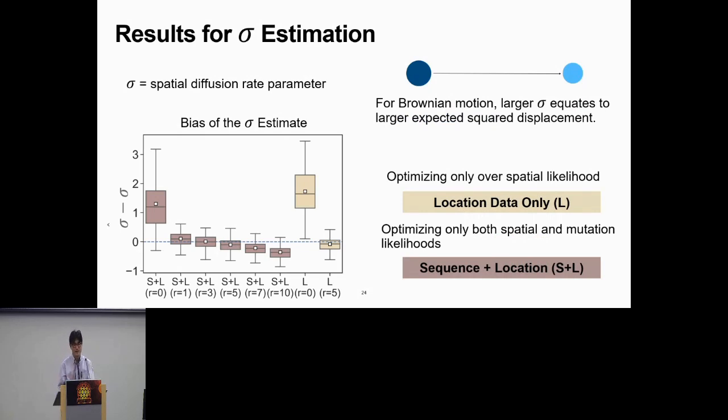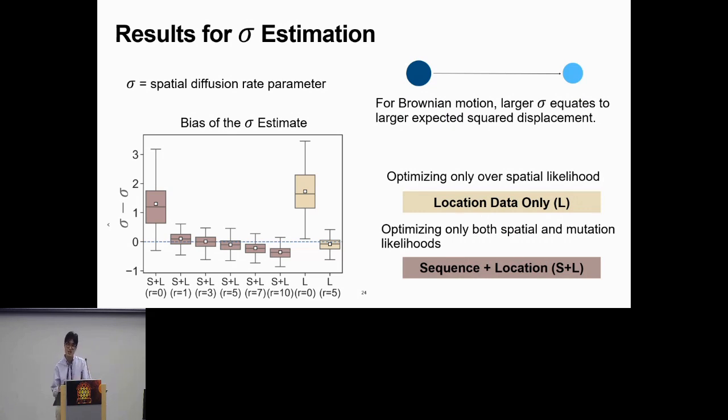So let's first talk about sigma estimation. I promised at the beginning of this talk that I would say something interesting about the spatiotemporal process that governs these cells. The way to interpret the sigma parameter is that larger sigma equates to a larger expected squared displacement, and smaller sigma to a smaller squared displacement. On this plot, I'm showing on the y-axis the bias of the sigma estimate from our method relative to the true sigma found from the video microscopy data.